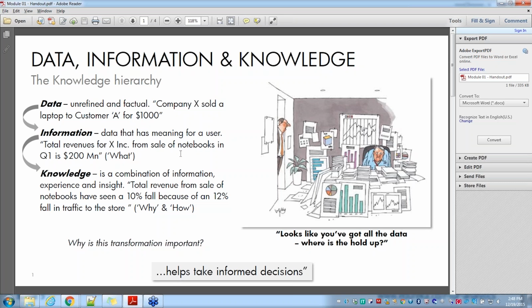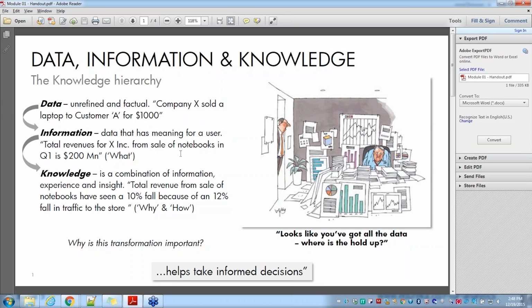So if we say that the total revenue from the sale of notebooks has seen a 10% fall because of a 12% fall in traffic to the store, then how is it possible for me to say both of these things together?